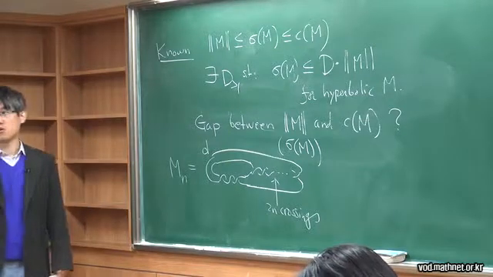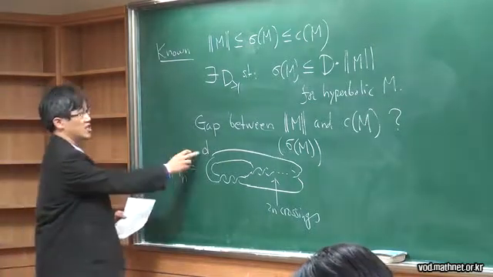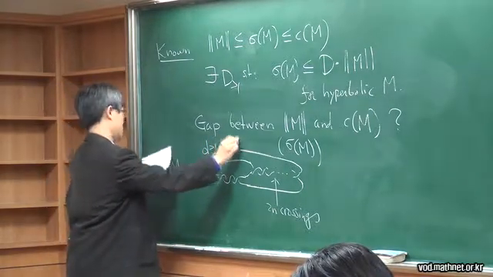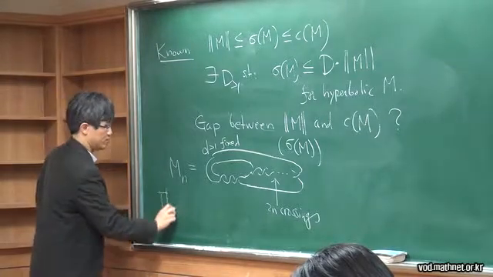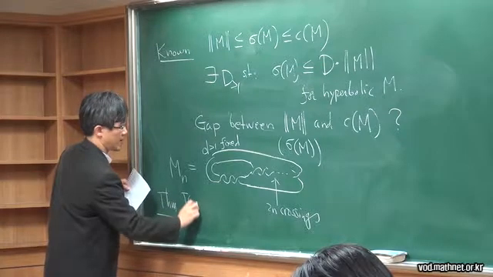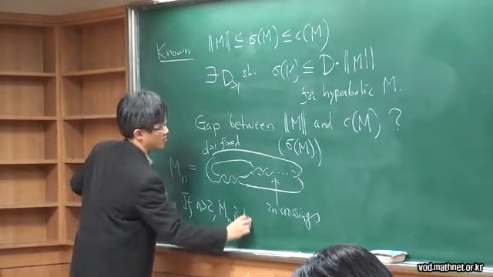Let's do D-framed surgery. All right? This D is fixed. Then the theorem is that if n is greater than 2, then M_n is hyperbolic.